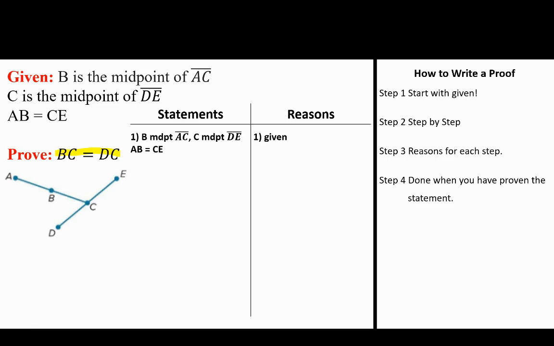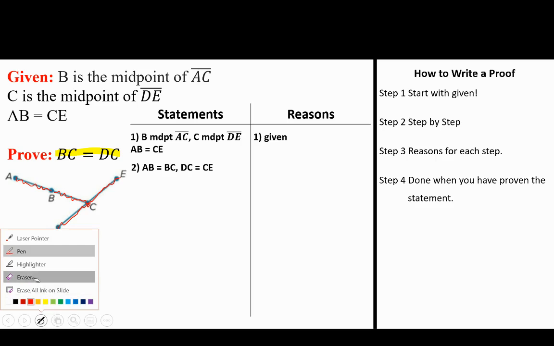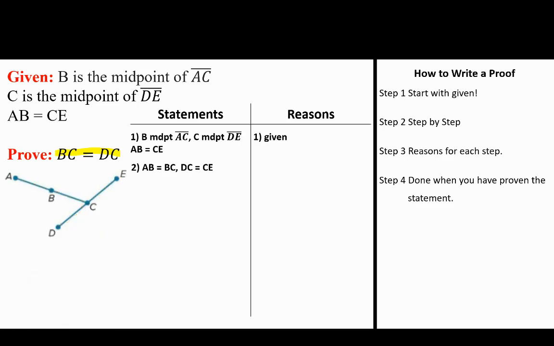So statement number 2 here is that AB equals BC. So this length right here is the same as this length right here. And I also know that DC, which is this length here, is the same as CE. So I know those things are true. Why? How do I know those things are true?